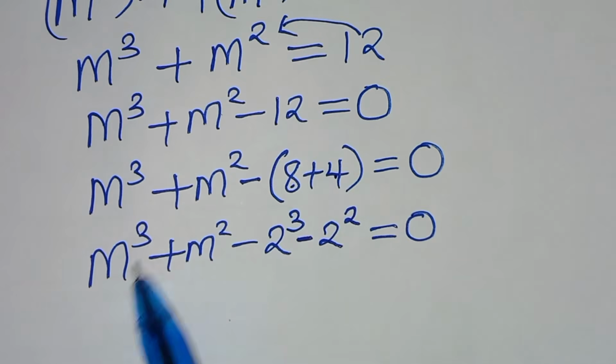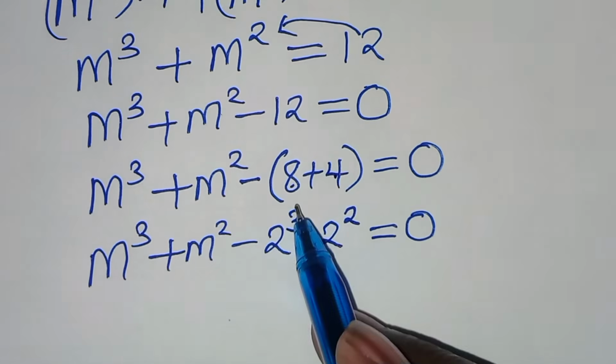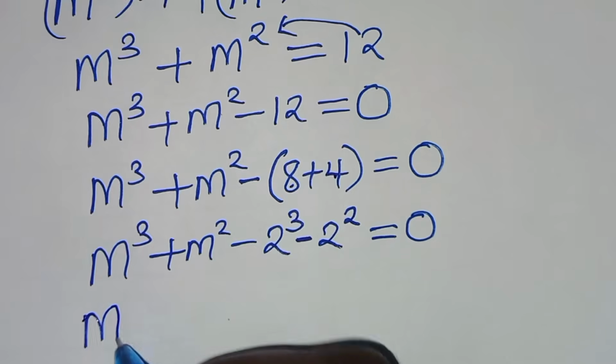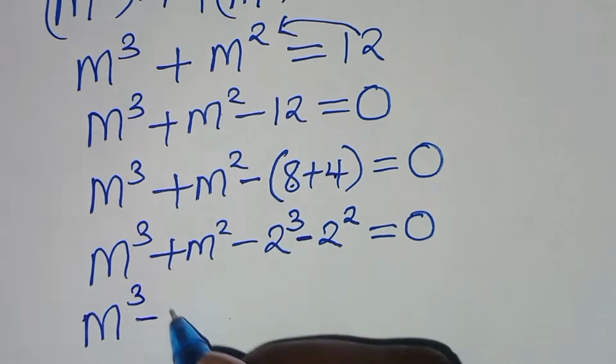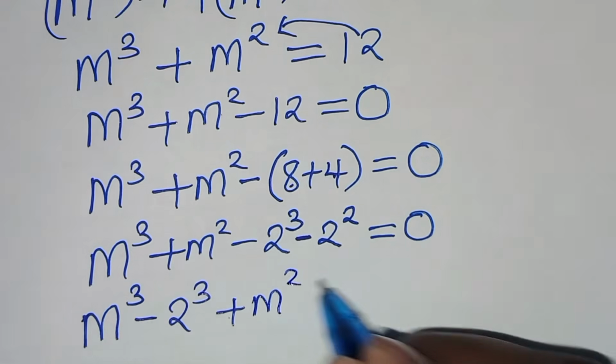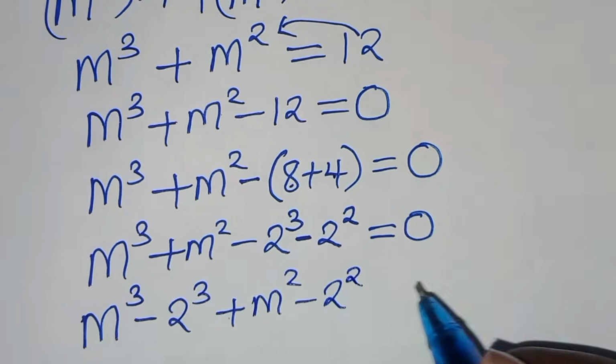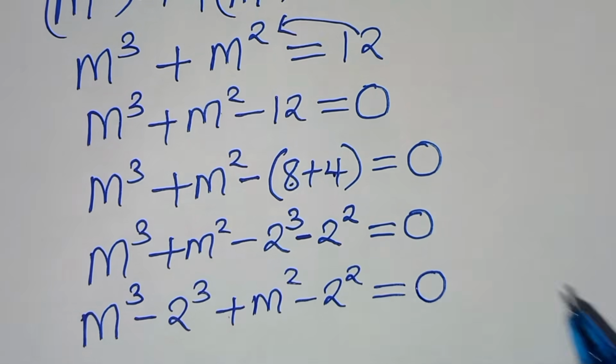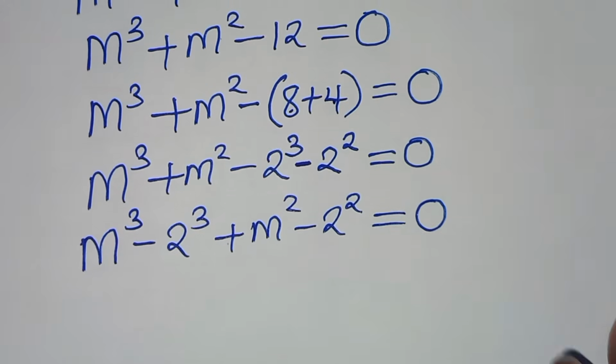We can combine this so that we have m to the power 3, subtract 2 to the power 3, then plus m to the power 2, subtract 2 to the power 2, this is equal to 0. So we have two parts here.